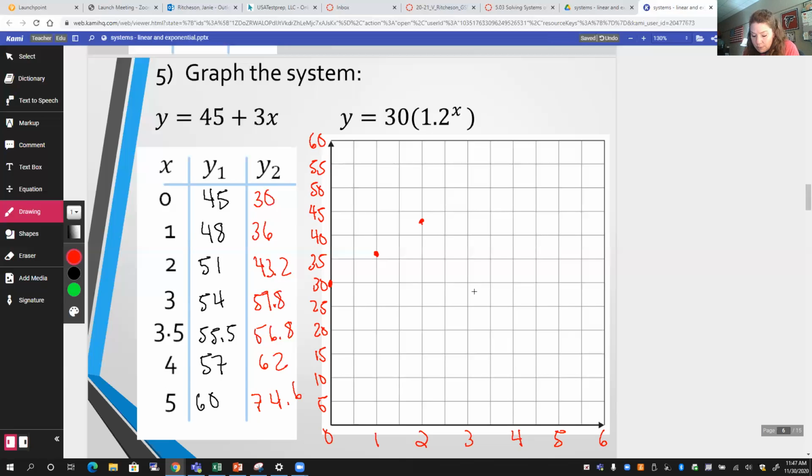Doesn't look like a 51.8, but it's supposed to be, at 3. And then for 3.5, I did 55.5. Oh my goodness, it's probably even too high. And then 4 and 57, and then 5 and 60.